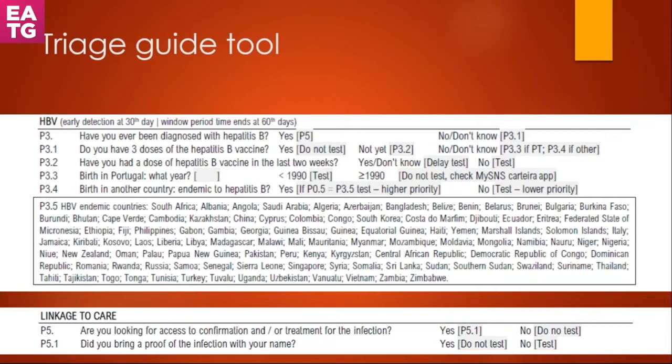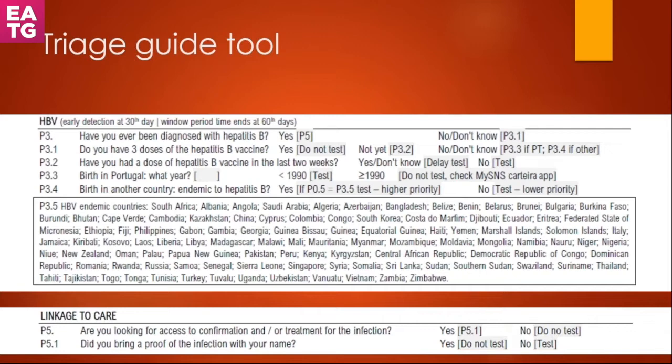In question 3.1, if they say no or I don't know if they have the 3 doses of hepatitis B vaccine, we go to question 3.3 if they were born in Portugal, or to question 3.4 if they are born in another country.